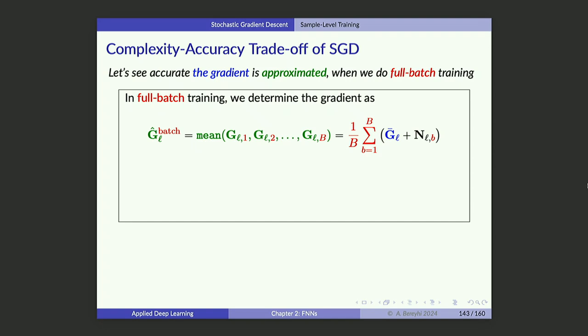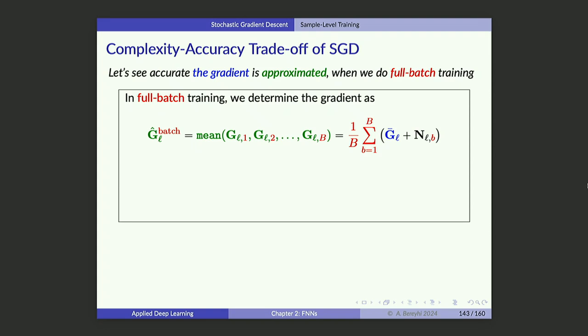And now, if I write down this average, it is the average of these if I replace every single sample gradient into that expression, right? And now the first term, 1 over b summation of that blue gradient, what is it going to be? It's going to be the blue gradient itself, right?